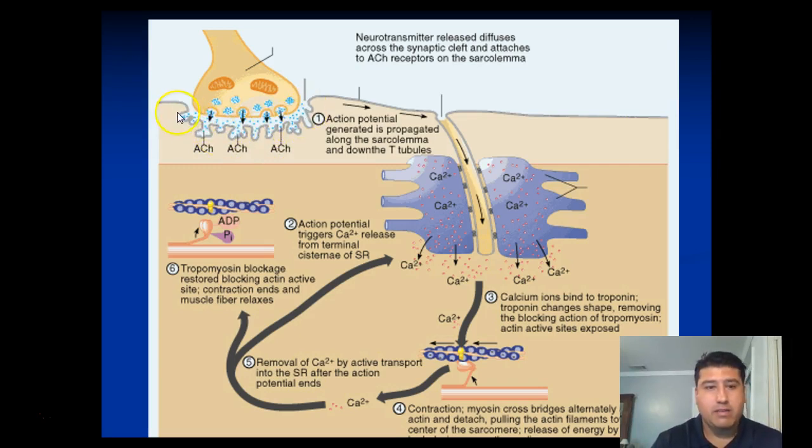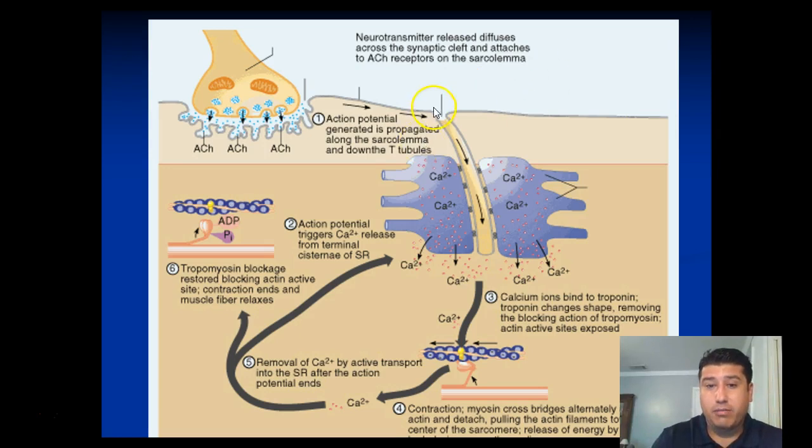So whenever the acetylcholine receptors on this particular muscle receive acetylcholine, it activates the muscle to generate an electrical impulse, or an action potential. And again, it has to do with the exchange of sodium and potassium ions. We'll talk about that later on, but you'll also learn a lot about that in other classes.